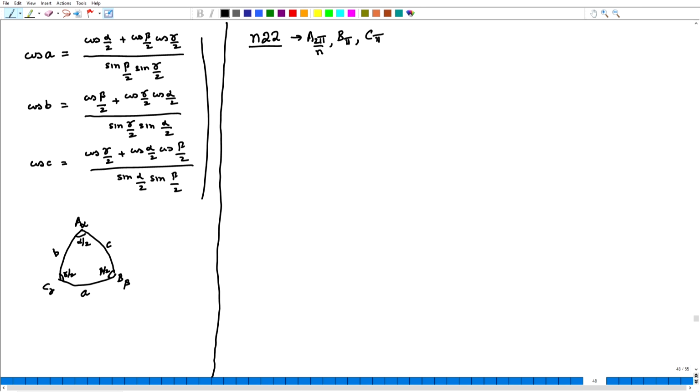So, if I have to now find out the angles A, B and C, I have my alpha as 2 pi by n, beta equals gamma equals pi.